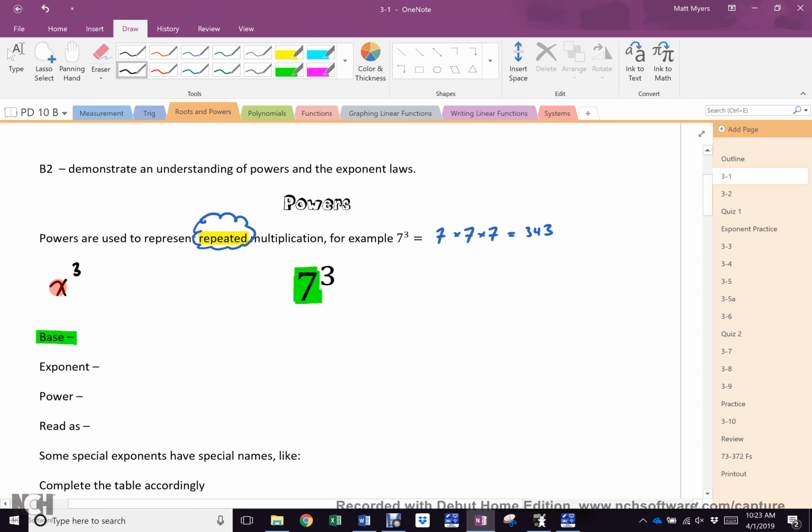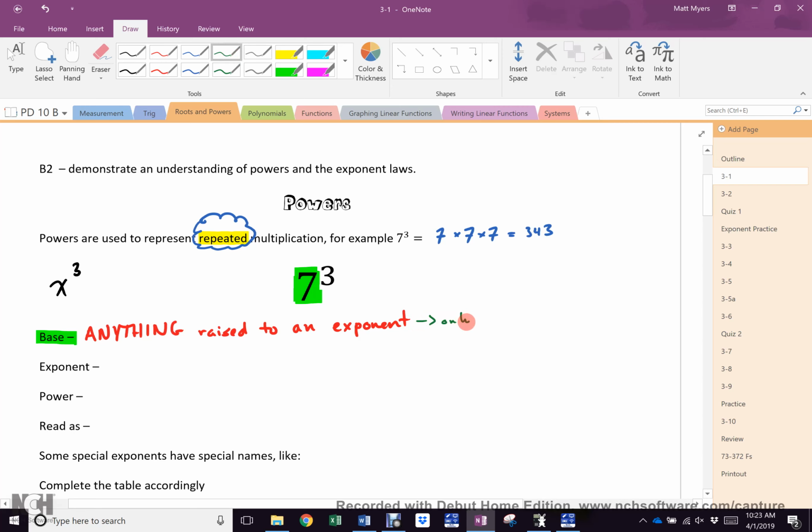In this case, it is an x is the base. I can have anything for a base. The important thing here is to know that a base is anything raised to an exponent. And the other important thing to remember is this.